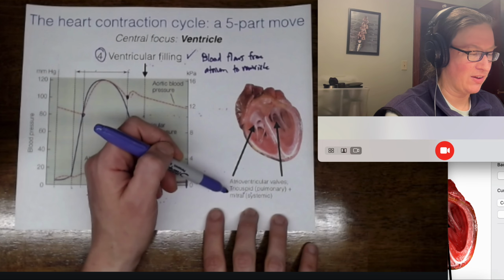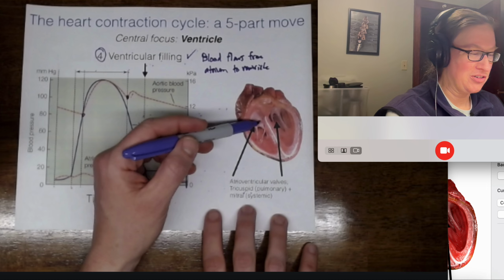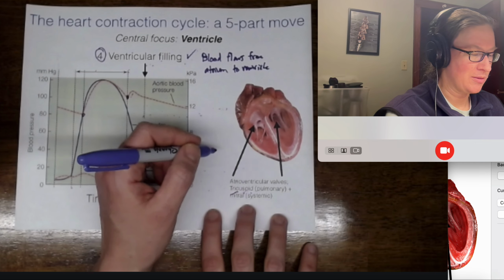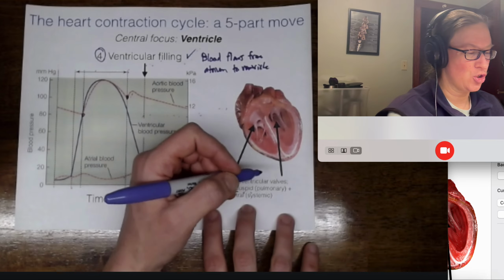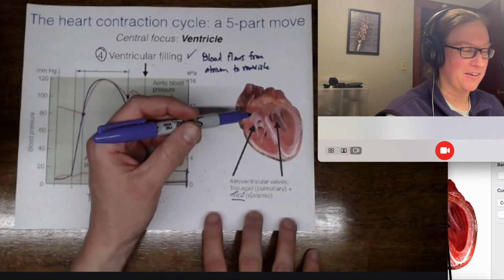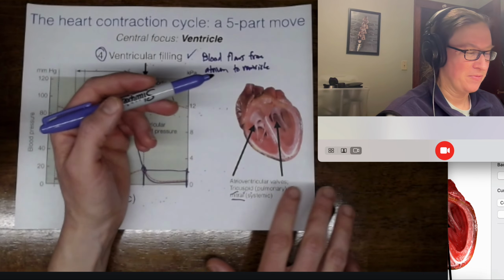So the tricuspid valve has three prongs, three projections to it, hence tri for tricuspid valve. And then on the systemic side, we have a valve that has just two elements to it. So it's called the mitral valve because it's like the hats worn by clergy, mitral hats.